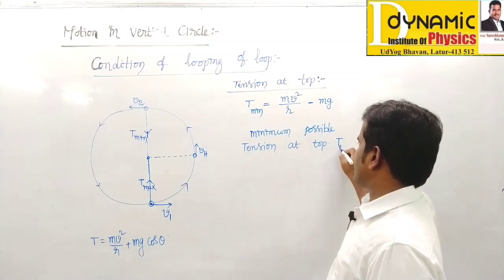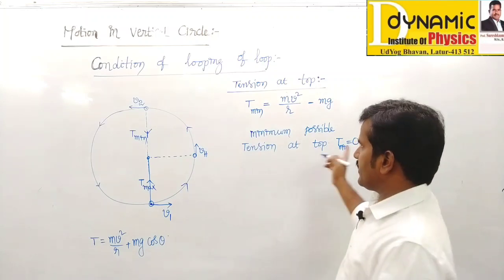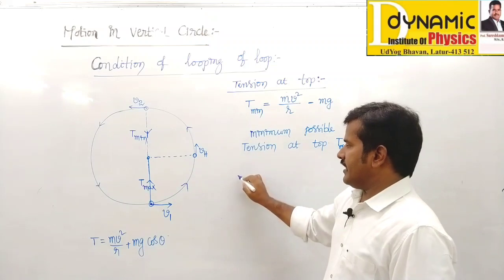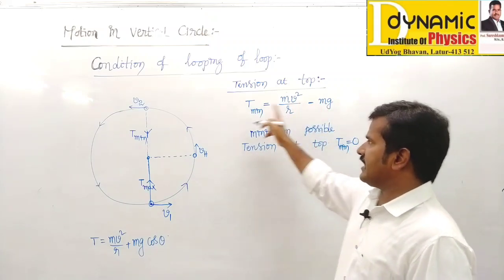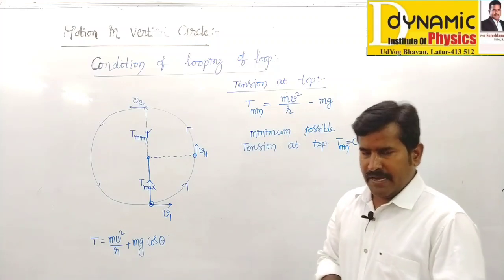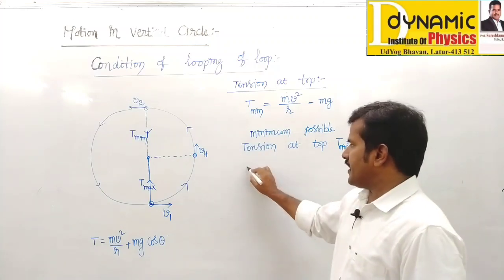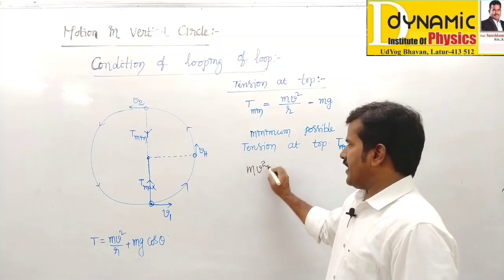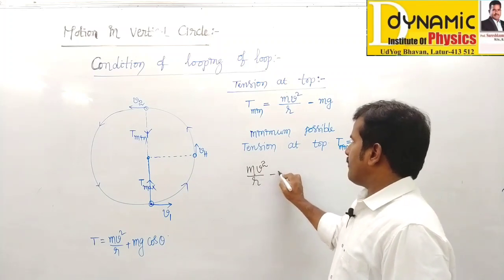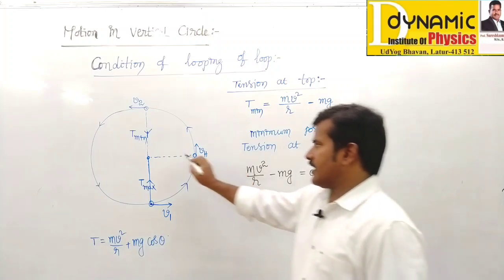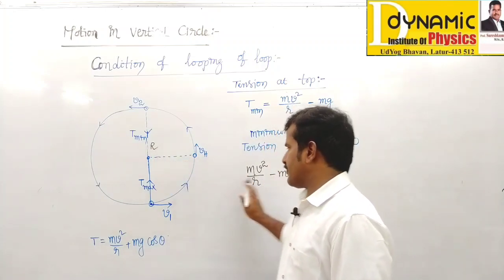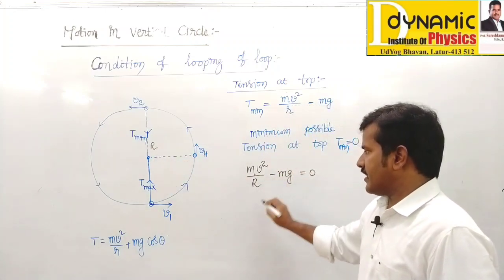Then it is written as mv square by r minus mg, and that value becomes 0. Here r is the radius, capital R, the radius of the circle.